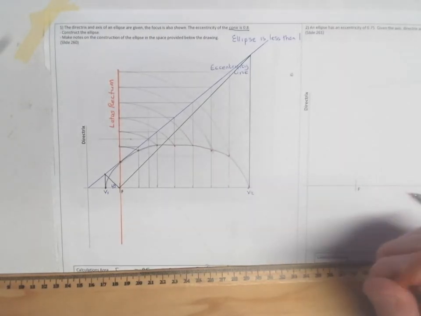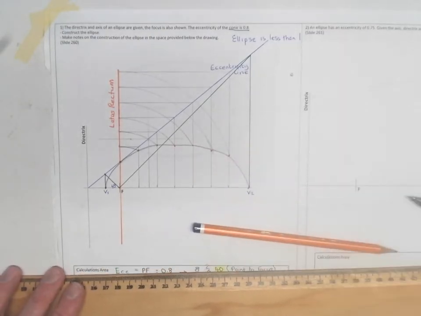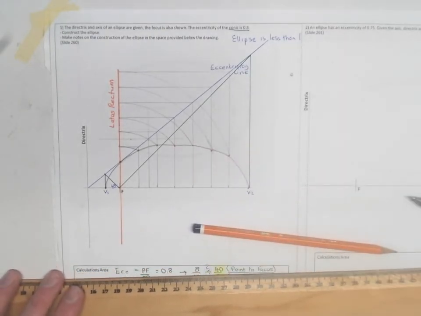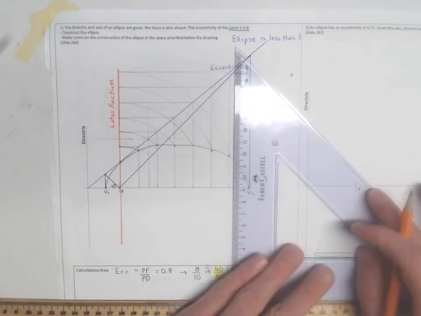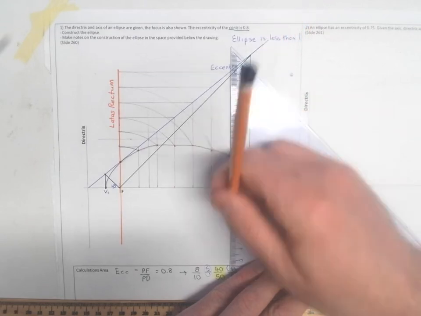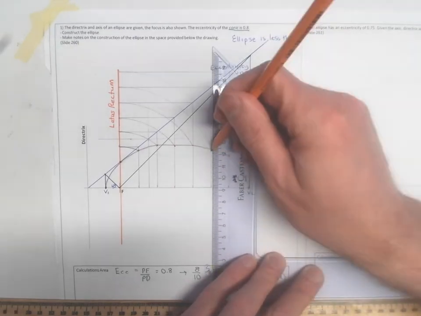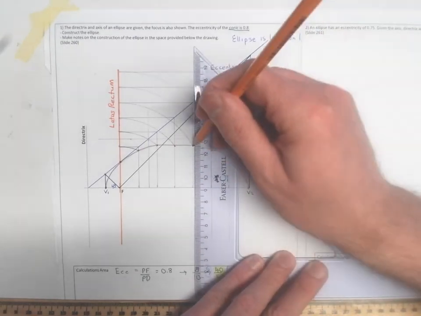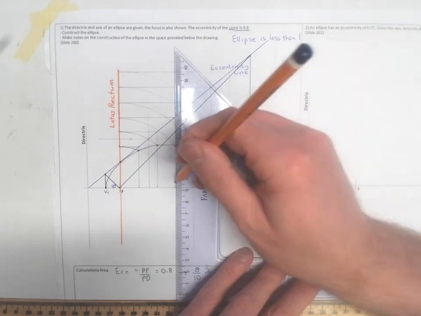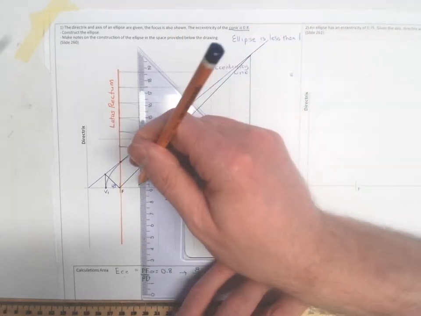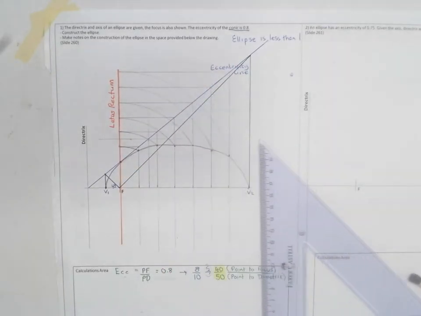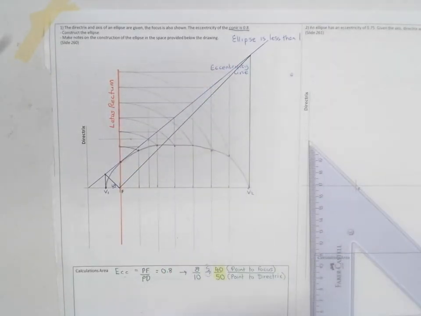So that's the first half. How do we get the bottom half? We could do the same thing again, but there's no need. So what we just do is extend these down. And then you're just using your compass.